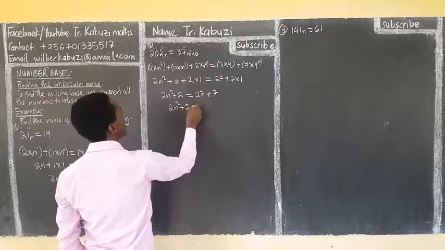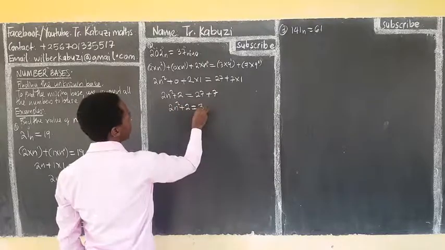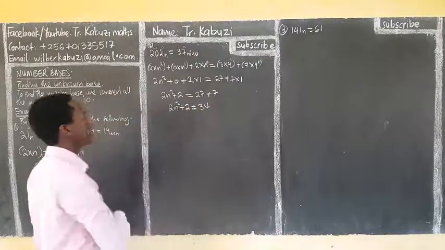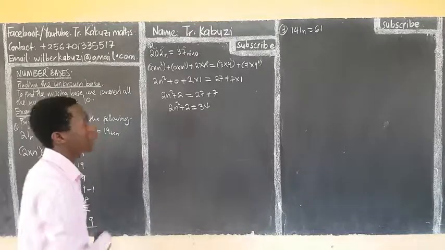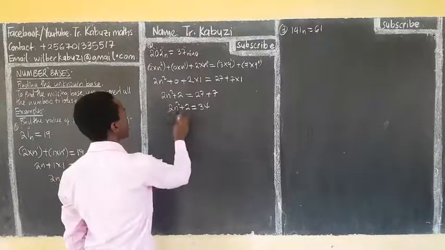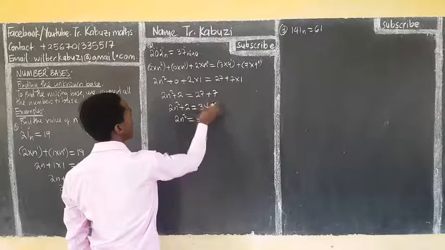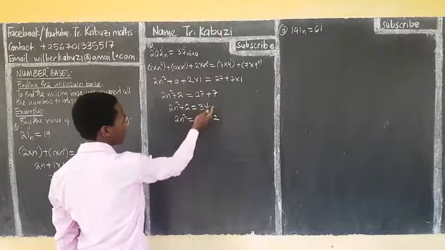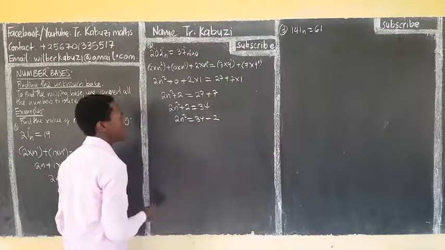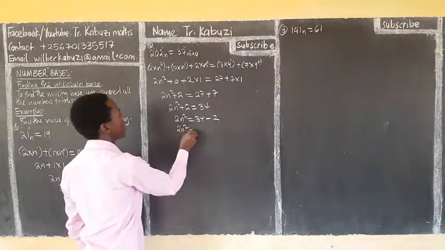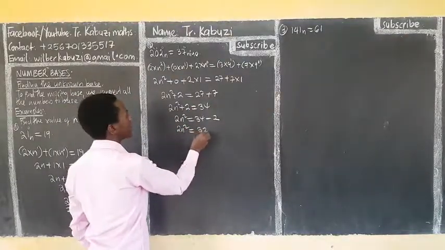By the way, you can reduce these steps. Anyway, because we are just starting, let me go through all the steps. So we take this beside, so 2n squared will be 34 minus 2. When this crosses the equals sign, it becomes negative. So 2n squared equals 32.